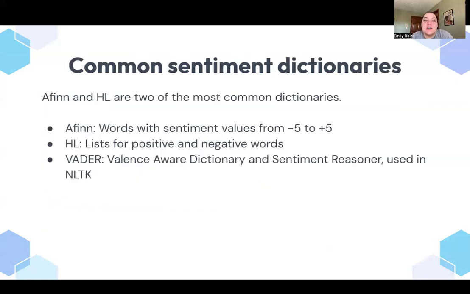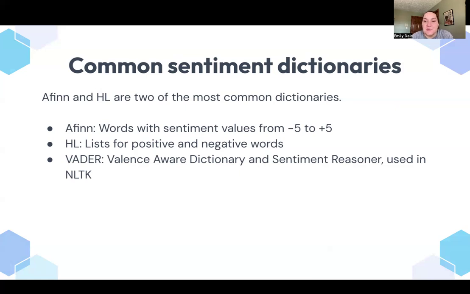So some common dictionaries, AFINN and HL are the ones that I've seen the most. Vader is coming up though. Vader is starting to become more popular, I'd say. There's tons of other ones as well. These are just the ones I've seen the most personally. So AFINN, oh, I got them actually mixed up. AFINN is one where the words have sentiment values from -5 to 5. So the values closest to +5 are really, really positive, closest to -5 are very negative, and all the way in between.